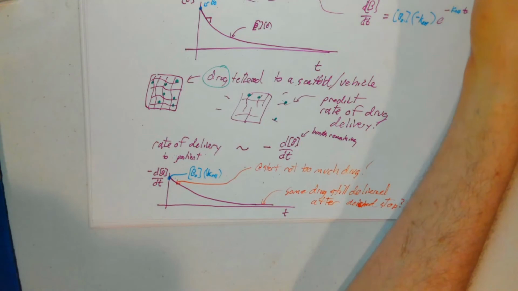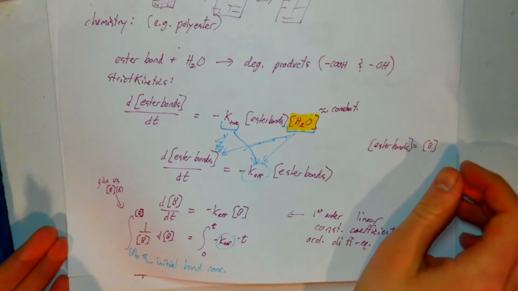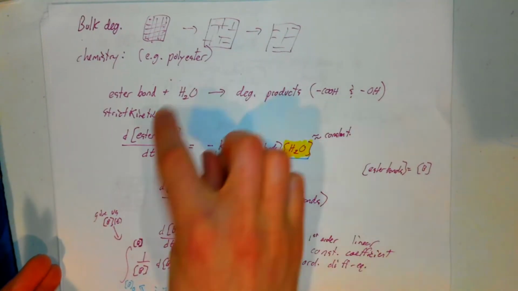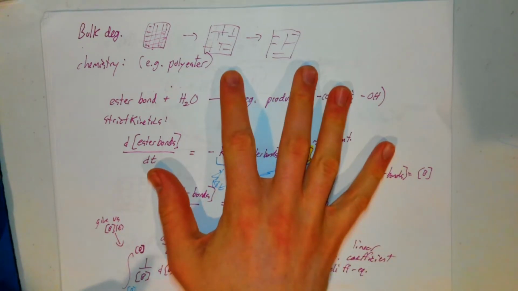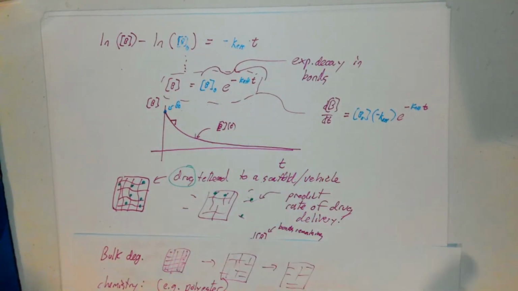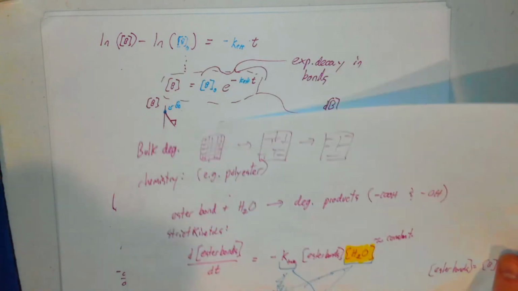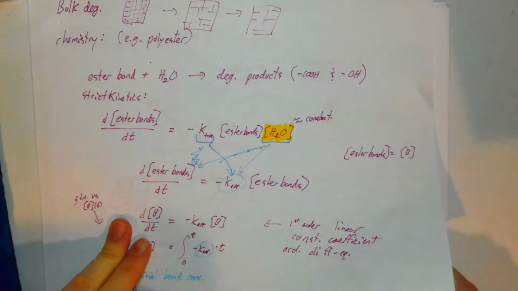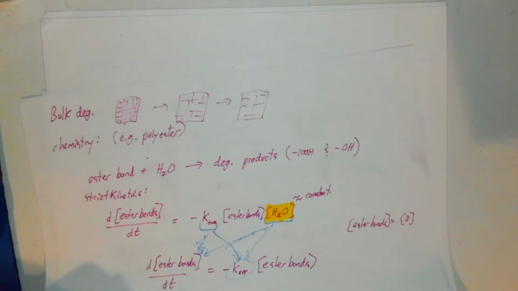So that's the deal with this bulk degradation, right? We essentially can't escape this exponential decay. Or can we?